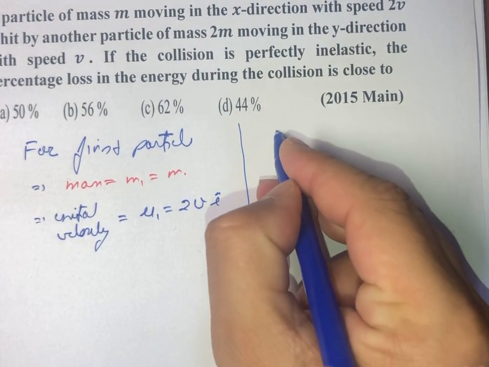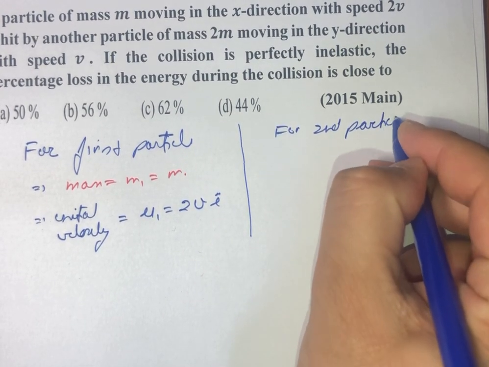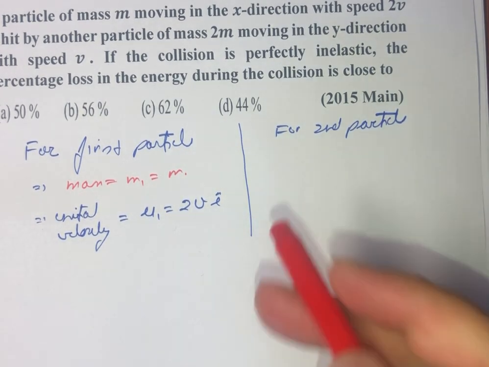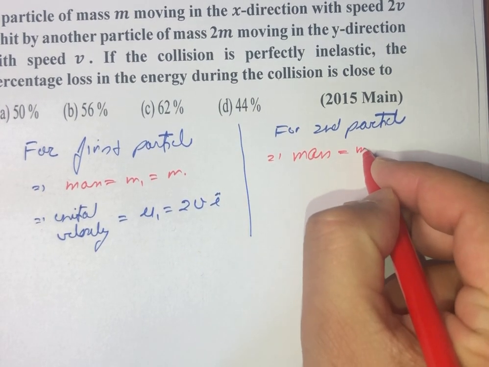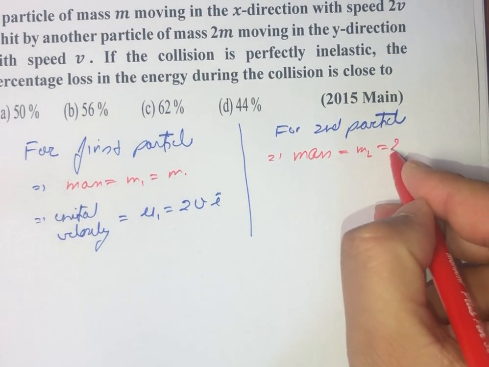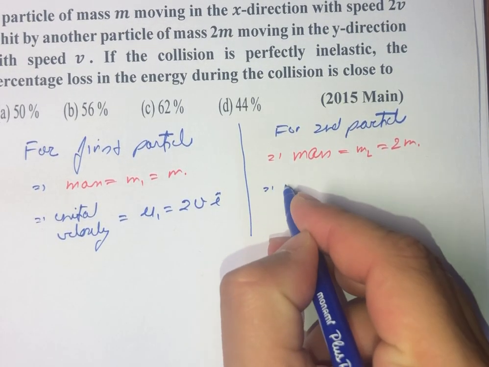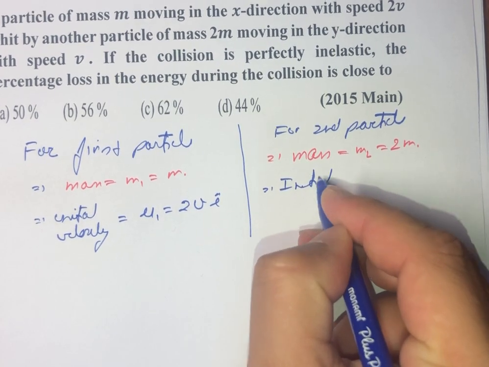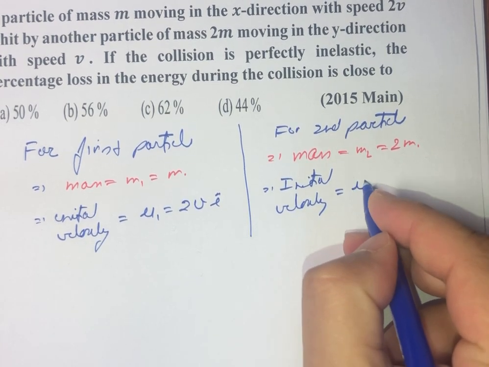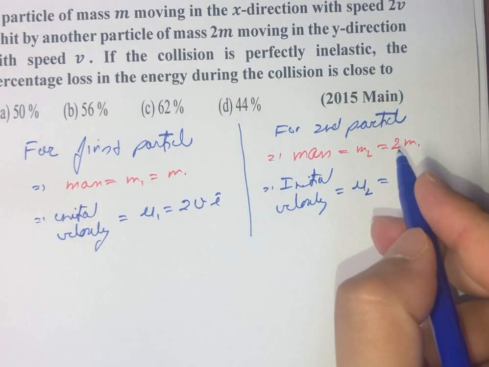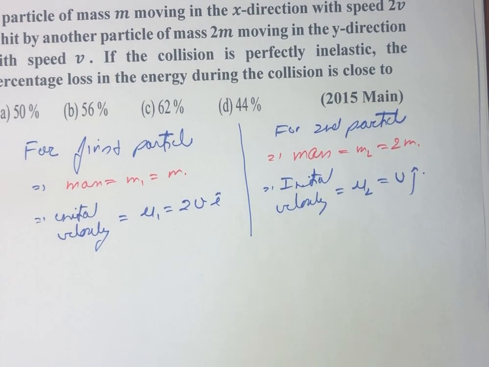And for the second particle, suppose its mass is given as m2, which is equal to 2m, and in this case the initial velocity, let us suppose is equal to u2, which is given as v, and in j direction, in y direction, so unit vector j.